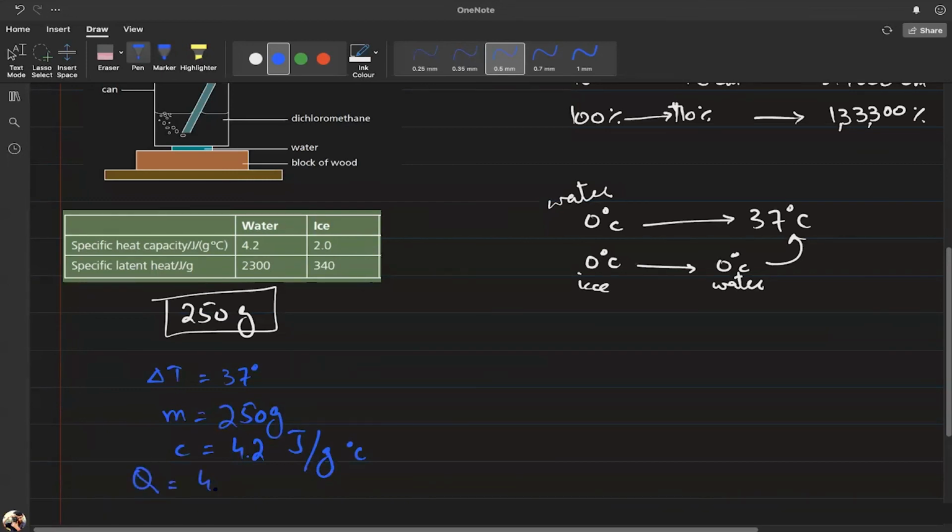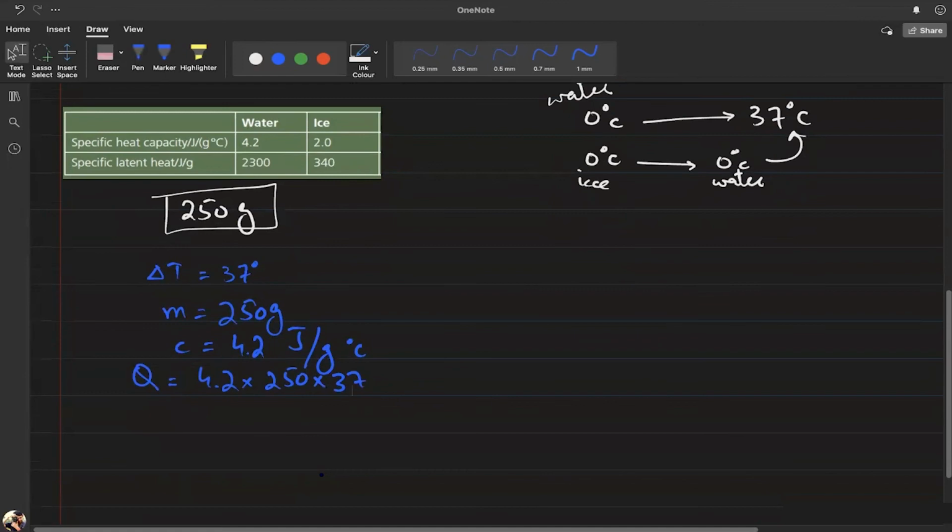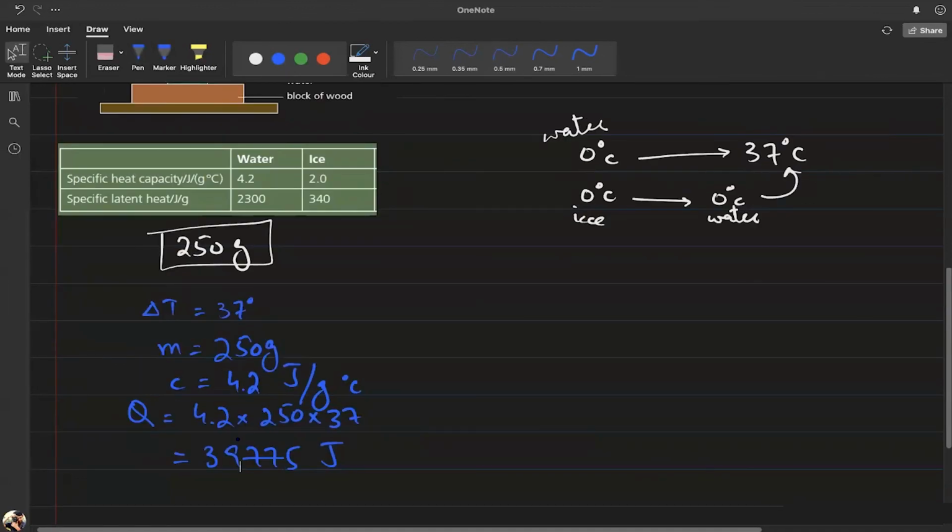Why do I need that? Because I need to know how much energy I need to give per gram per degree Celsius. So the total energy I will have to give is 4.2 times 250 times 37. Really simple, right? For 1 degree difference I need 4.2, multiply with 250 grams, and multiply with 37. So I get 39,775 joules that I will have to supply to that one glass of ice cold water to sustain it.